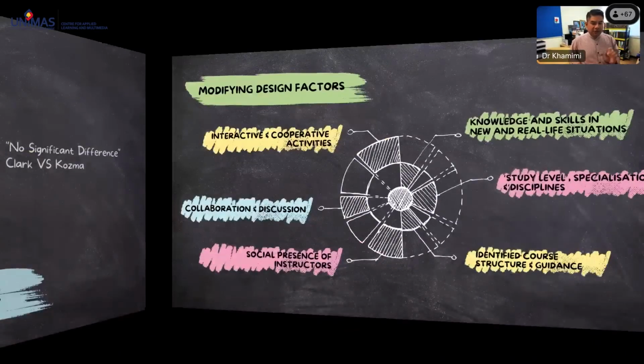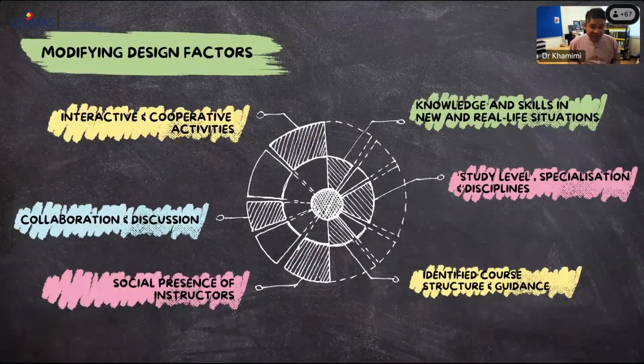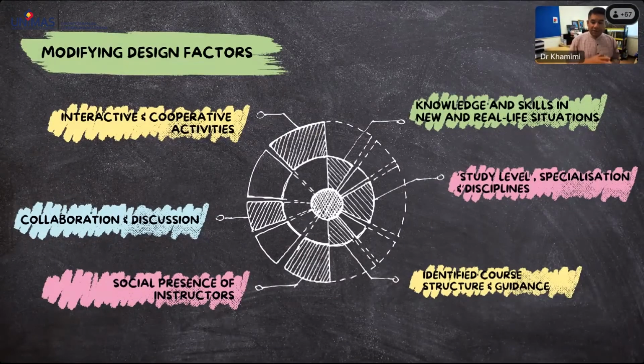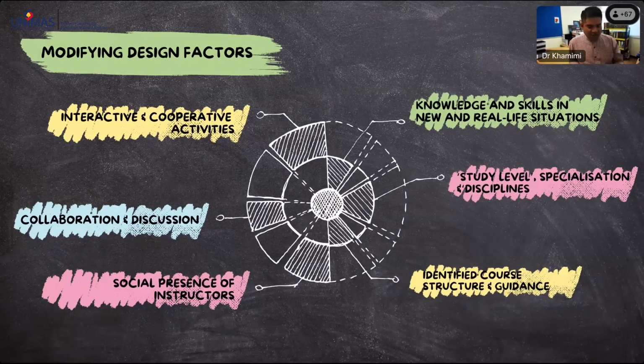And don't forget the modifying design factors. I have gathered these six modifying design factors from the literature review. Educators in engineering, nursing, pharmacy, social sciences, counseling and new media say that you must consider these design factors.